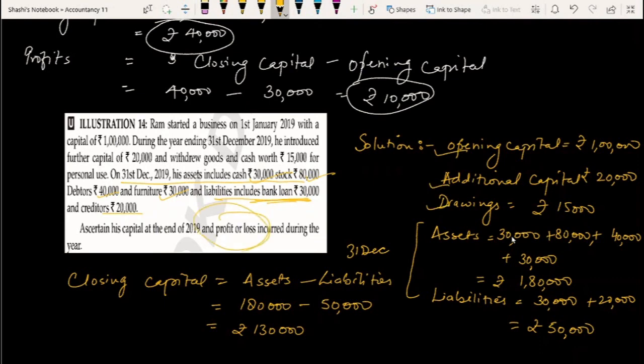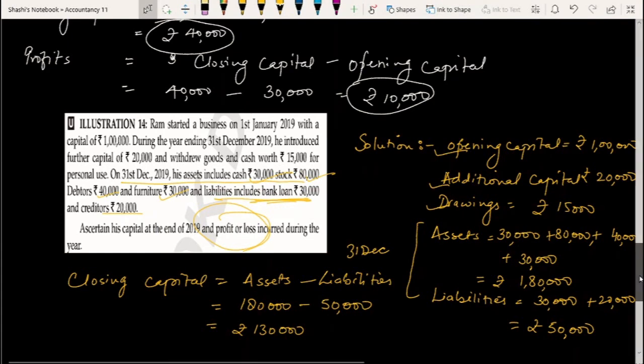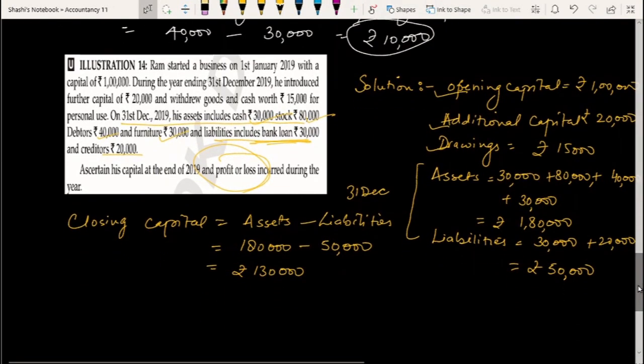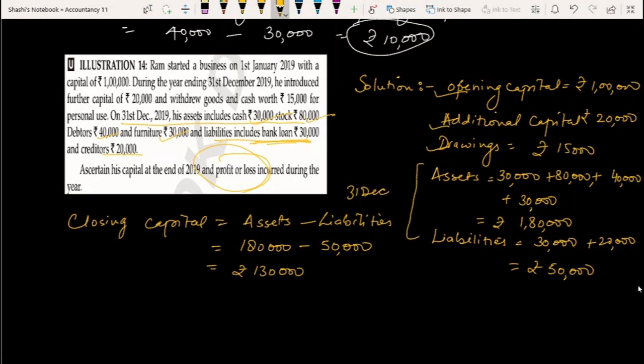We are given the opening capital, additional capital and drawings, and we need to find the profits. As in the previous question, closing minus opening capital is profit, but since we have additional capital and drawings here, we take them in a proper way.